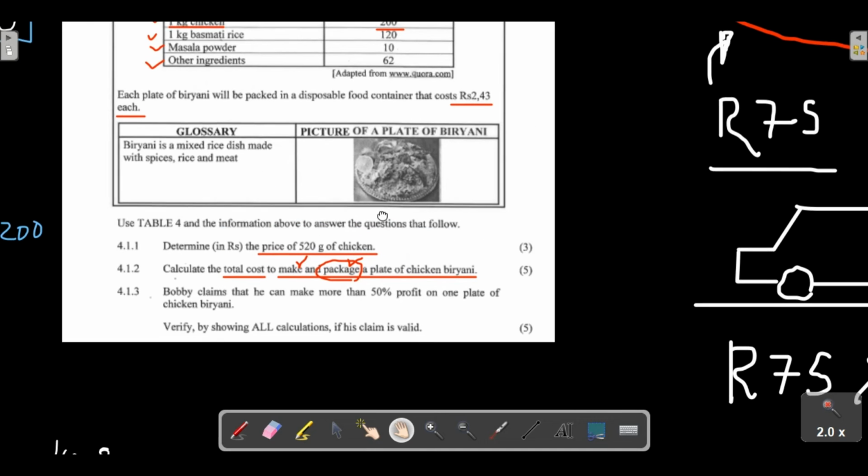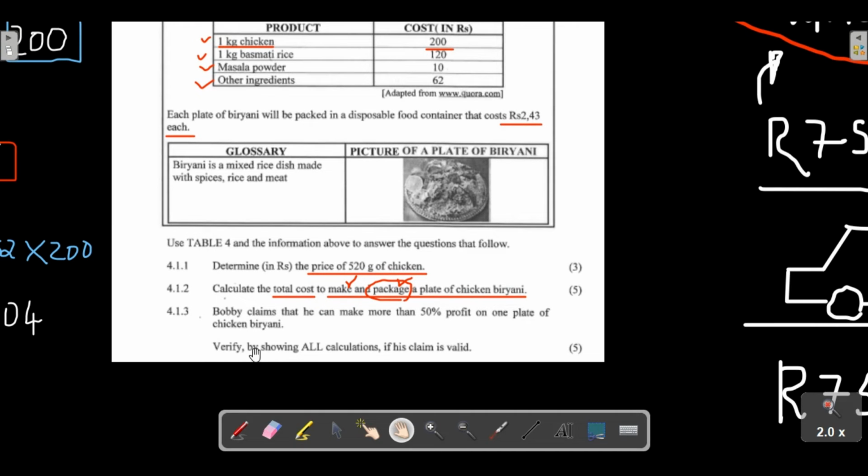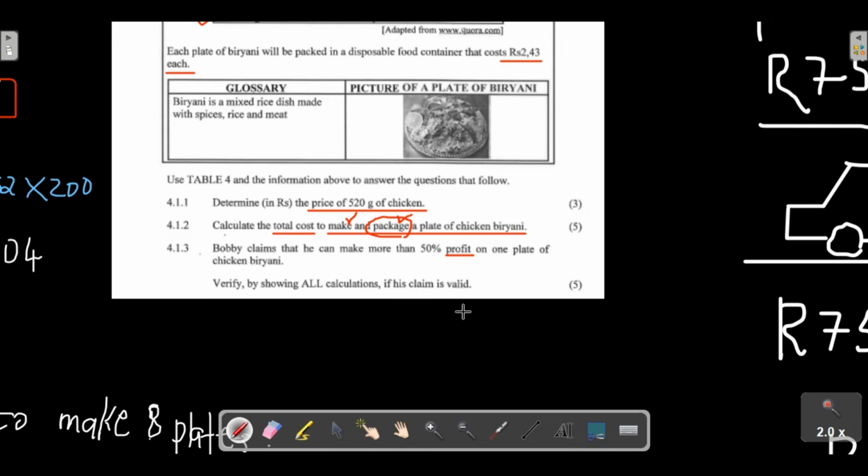Okay, right. And then 4.1.3 says Bobby claims that he can make more than 50% profit on one plate of chicken biryani. Verify by showing all calculations if his claim is valid. Okay, so the word profit, we know that we have to subtract the cost from the income that he gets.